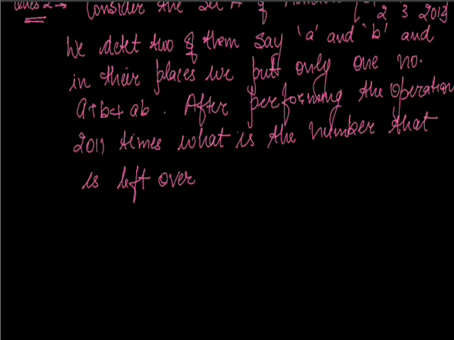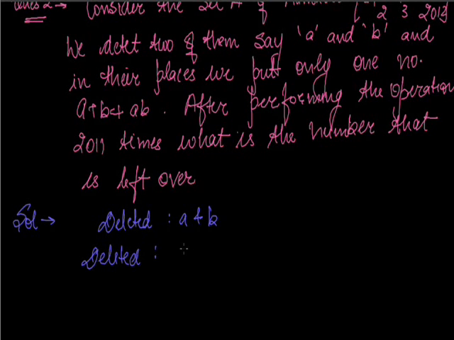Okay, so let us discuss the solution now. It is given 1, 1 by 2, 1 by 3. Let us assume we will delete two numbers, A and B. So we delete from this set the first two numbers, that is 1 and 1 by 2.